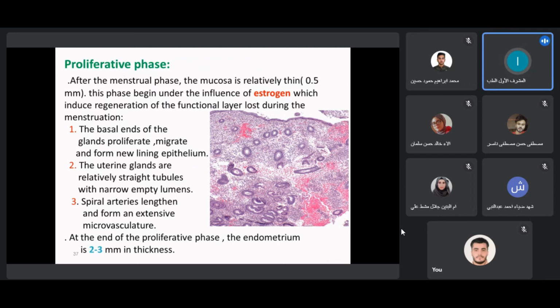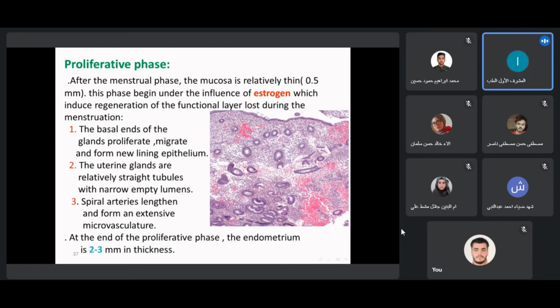The basal layer will not be lost. It's the layer that's responsible for the formation of the cells that compensate for the lost functional layer. The basal layer contains the ends of the uterine glands. The uterine gland ends will start to proliferate, and the proliferating cells will migrate to form the functional layer, including the surface lining, epithelium.